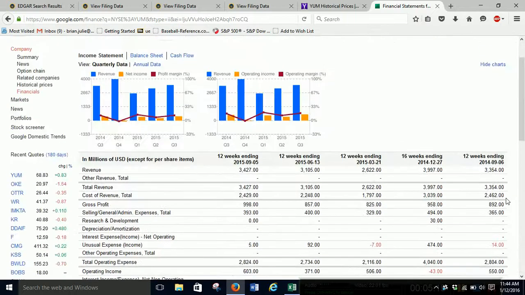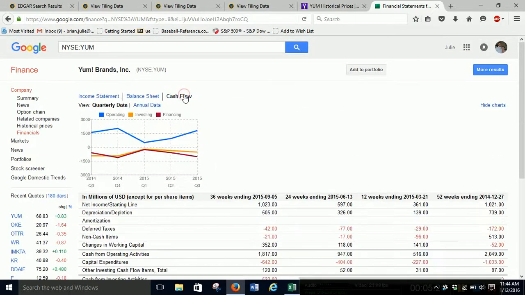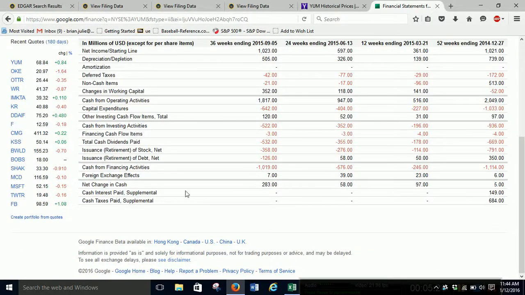This is still the income statement. Cash flows. There we go. Down here, cash interest paid, cash taxes paid. So we can actually see they paid 149 million in interest and 684 million in taxes.